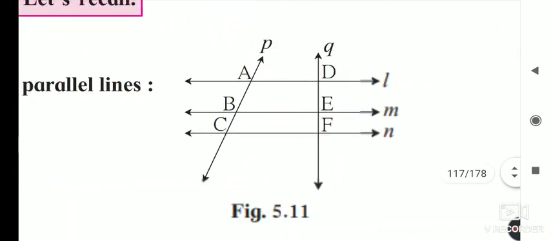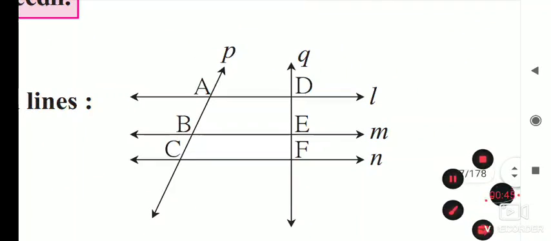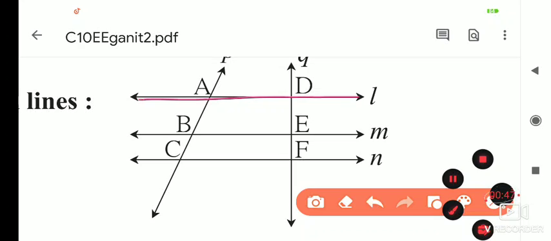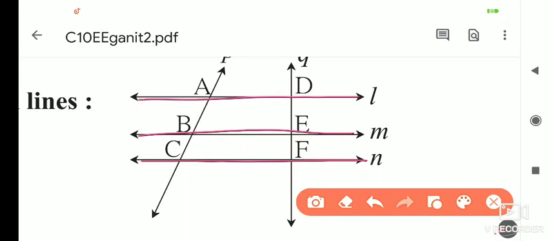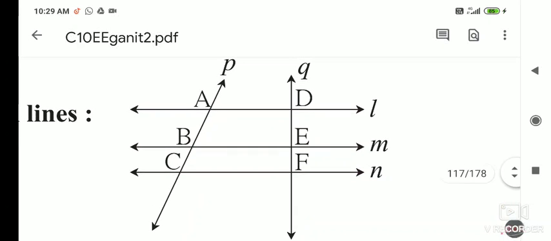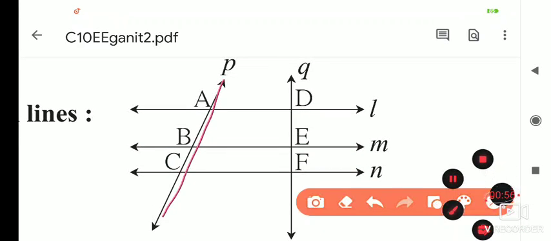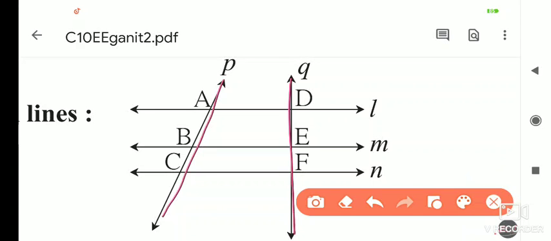So in this figure, here L, M and N, these three are the parallel lines, and P and Q are the transversals.